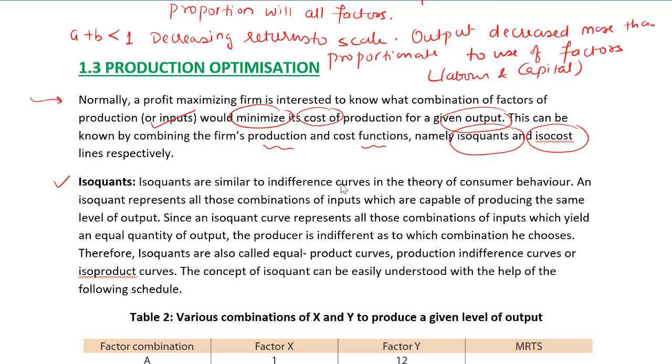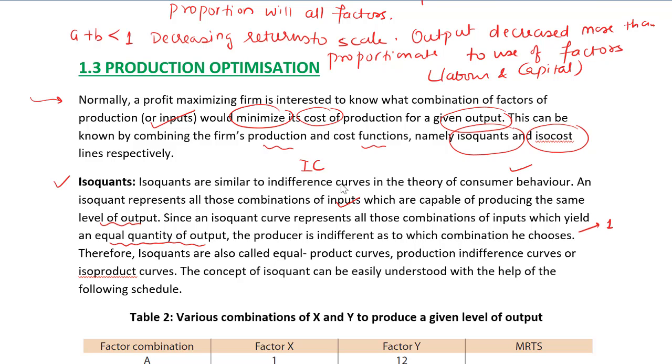So isoquant is similar to the indifference curve, the IC curve in the theory of consumer behavior. An isoquant represents all those combinations of inputs which are capable of producing the same level of output. Since the isoquant curves represent all those combinations of inputs which yield the same quantity of output, the producer is indifferent as to which combination he chooses.